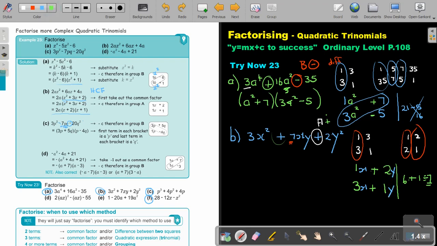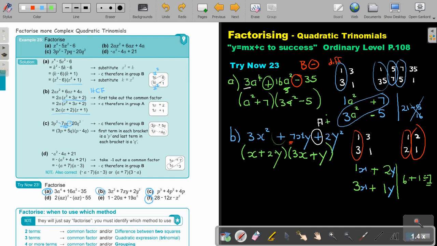And then I will have x plus 2y, 3x plus y. Okay, so x plus 2y, 3x plus y, that will be my final answer.